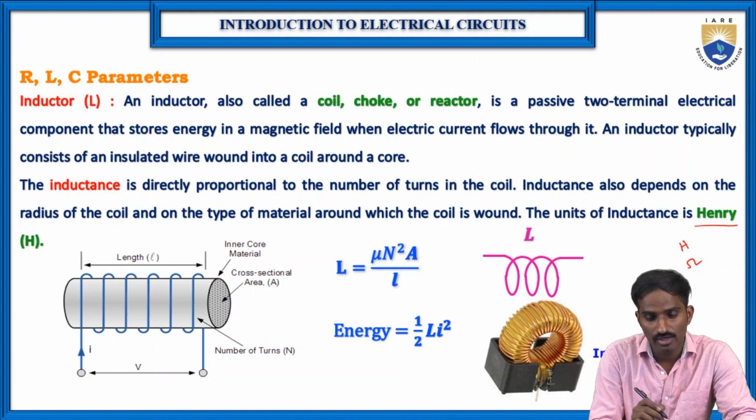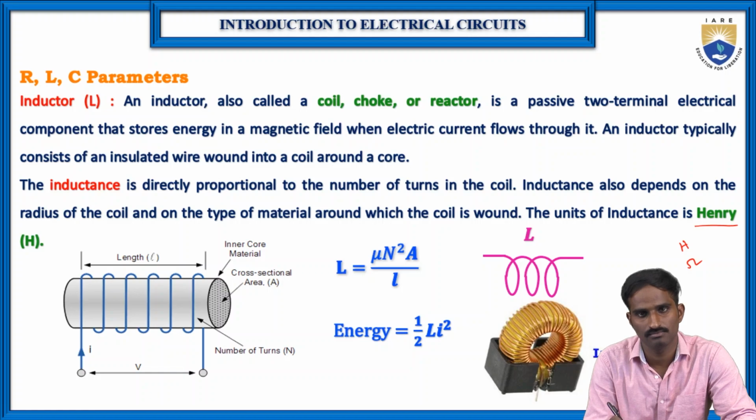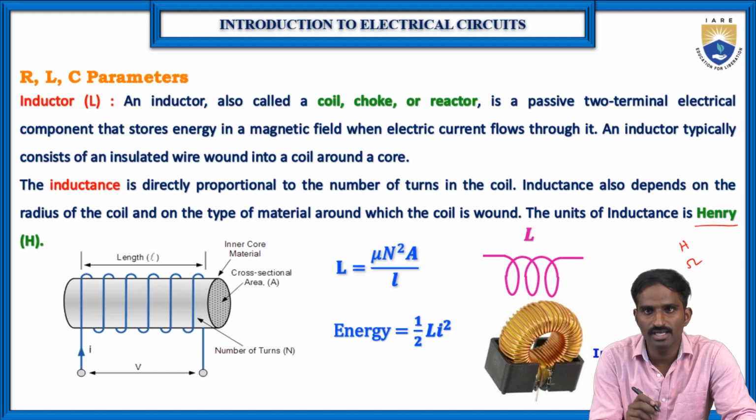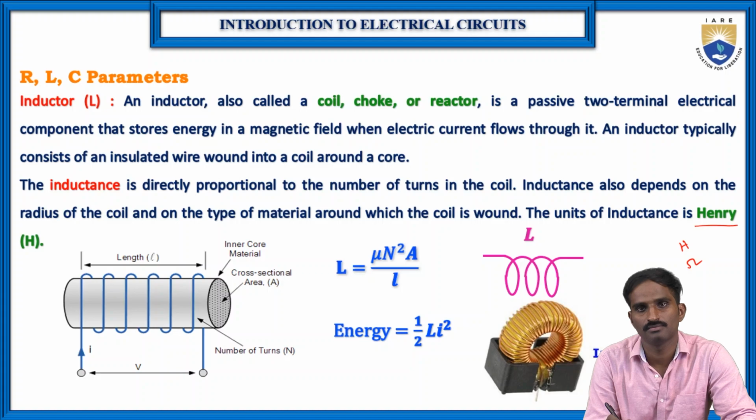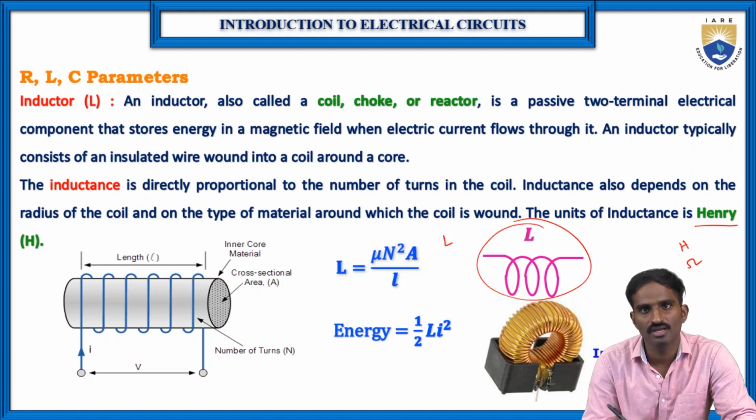The value of the inductance mainly depends on the number of turns around the coil, the number of turns around the conductor, which means L is directly proportional to N. We represent the inductance value as L, and this is the symbol of the inductor.